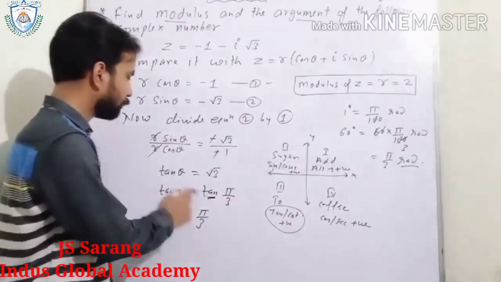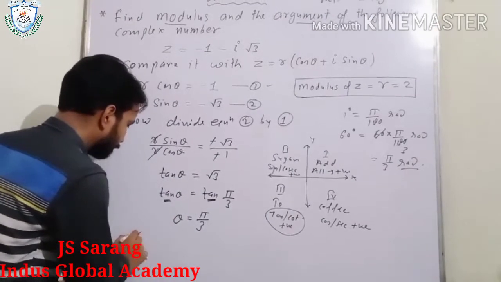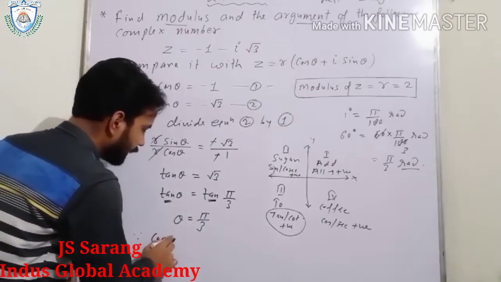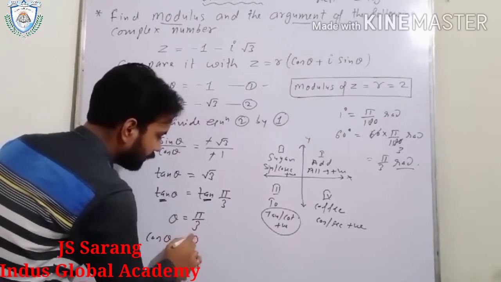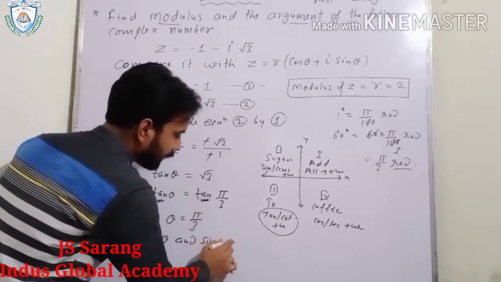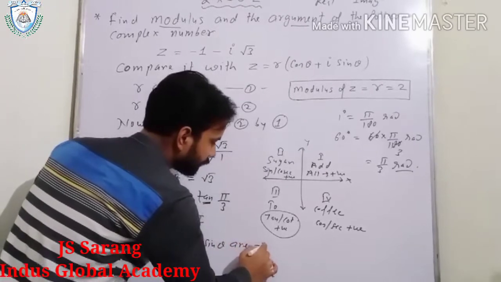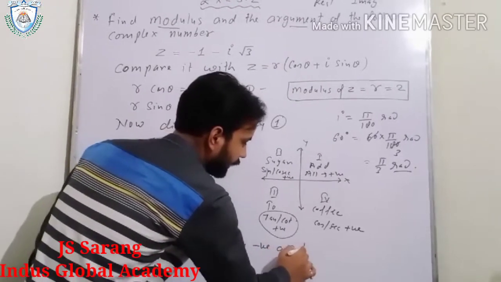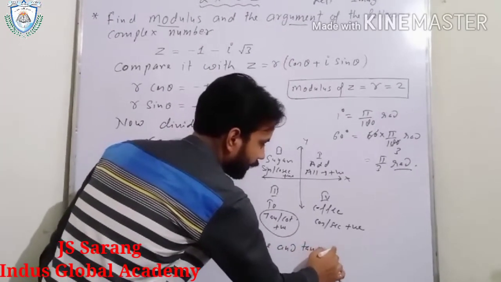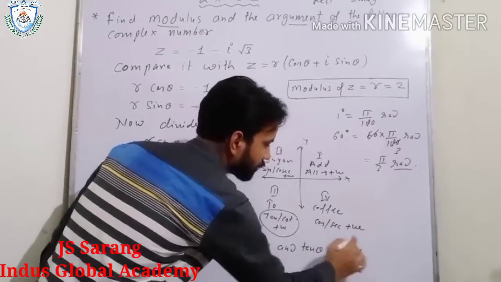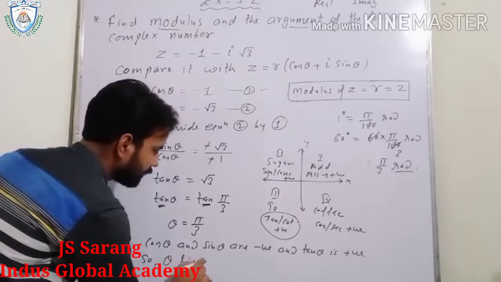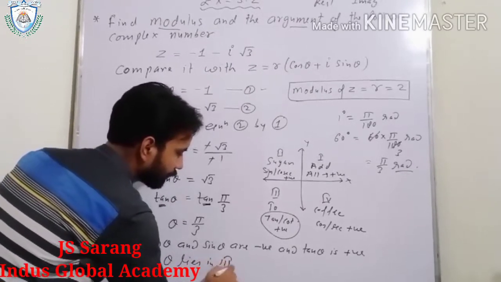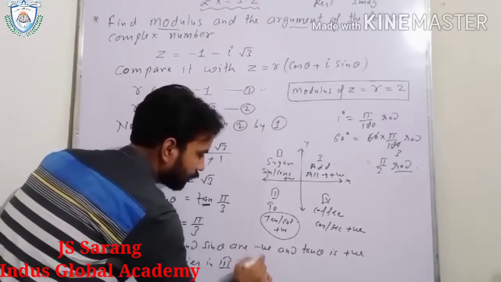Understood? So you have to write here, since cos theta and sin theta are negative and tan theta is positive, theta lies in the third quadrant.